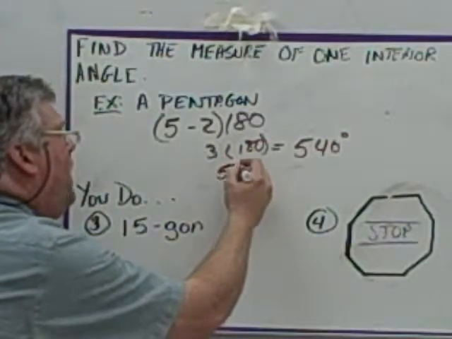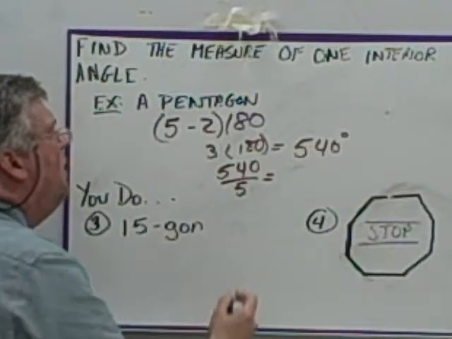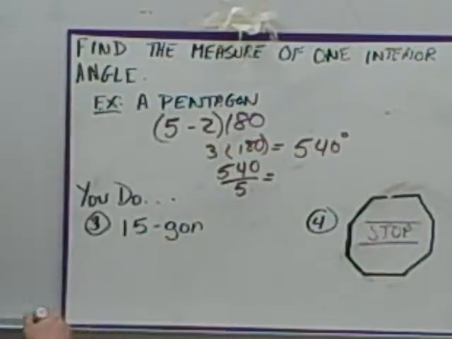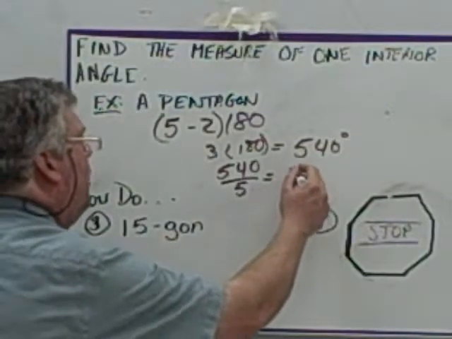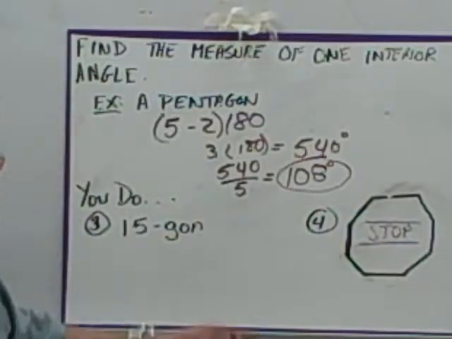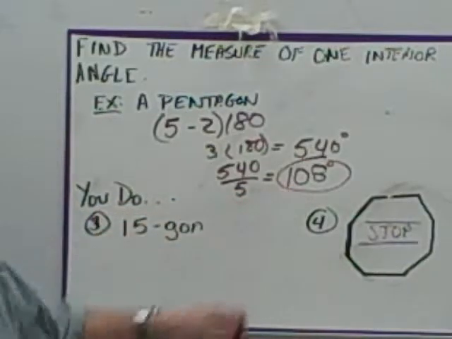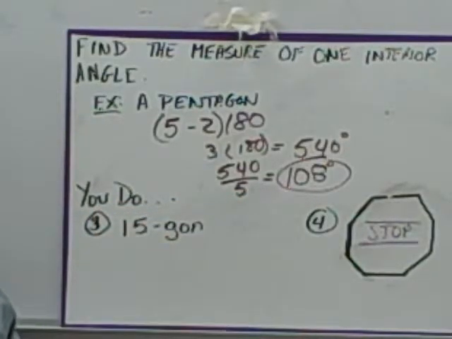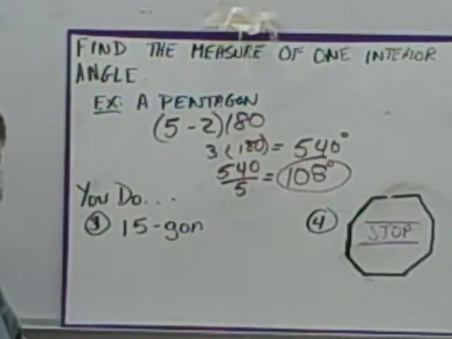If I take that 540 and divide by the number of sides, which is 5, I get 108 degrees. So every angle on a regular pentagon is going to have a measure of 108 degrees. Since the Pentagon in DC is a regular pentagon, you're going to find that the measure of those angles is 108 degrees. Pause the video, give these next two a try.